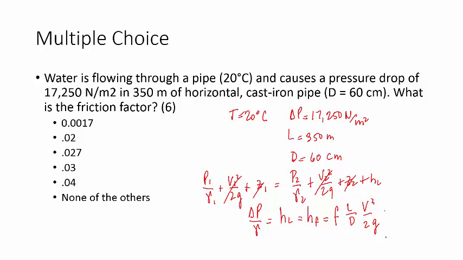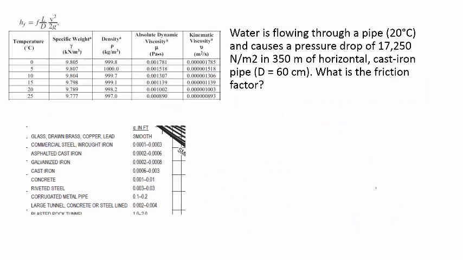But the question we have is how do we calculate the friction factor if we don't have the velocity? We have L, we have D, but then we have two unknowns, the friction factor and the velocity. So how do I calculate the friction factor?